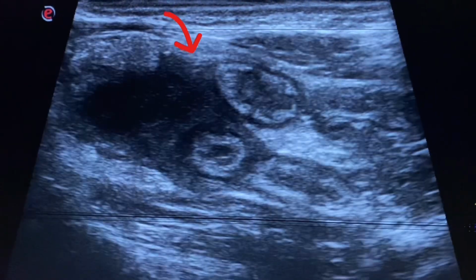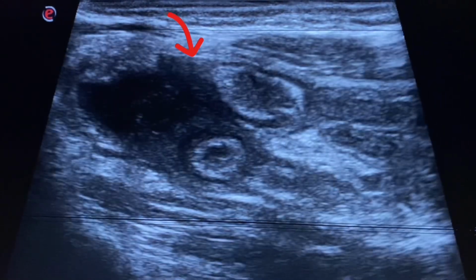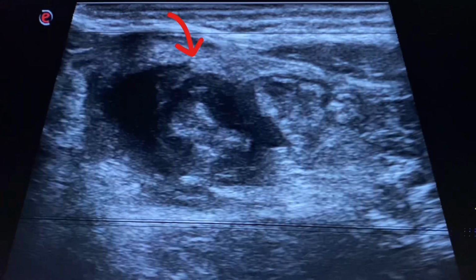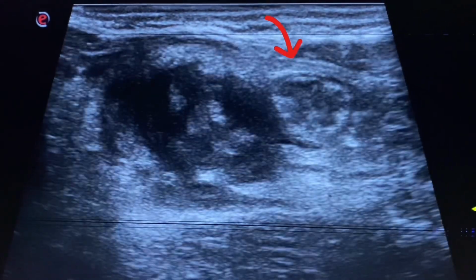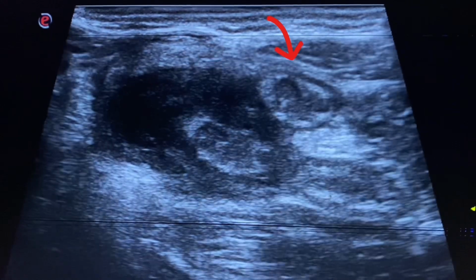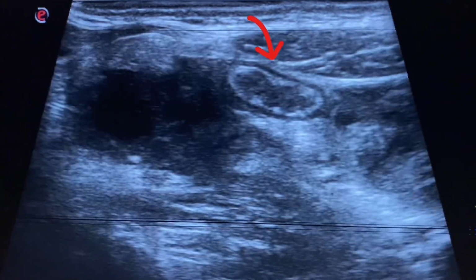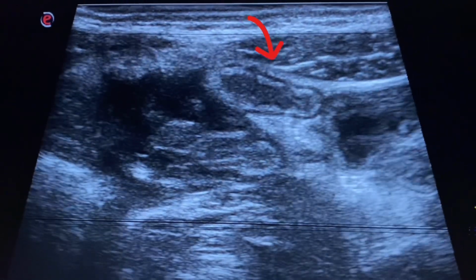This is ideal location of appendix and is difficult to locate when there is gases in the distal ileum. Remember that when you find the distal ileum walls are inflamed, it means appendix could be present because the walls are inflamed due to acute appendicitis.